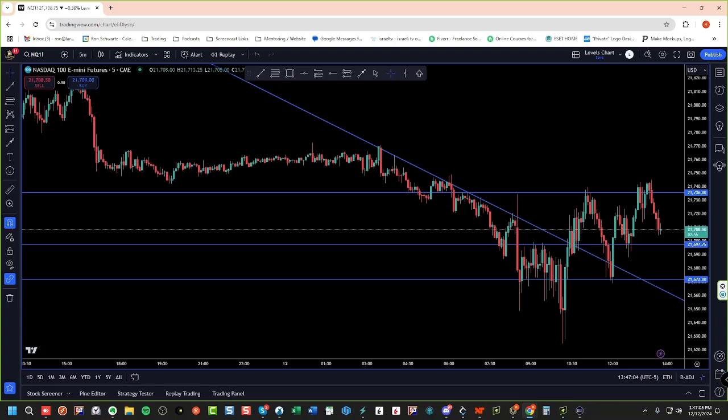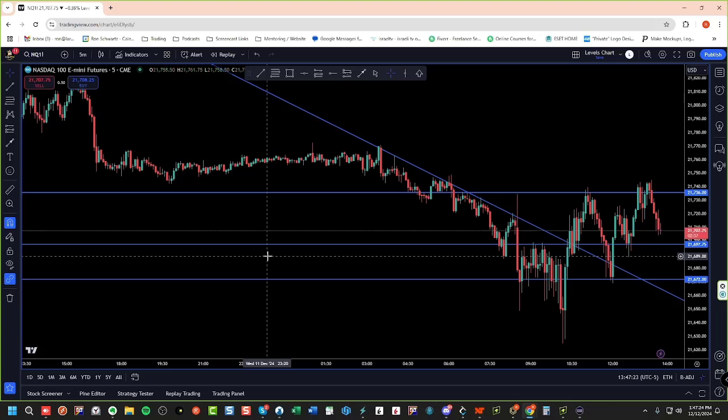So are you just focusing on the body of the bar and not as much the wicks when you're drawing these lines? Look, it's very subjective, right? You try to find a close point. Sometimes it's the open or close or a combination of both, like these two bars right here, right?